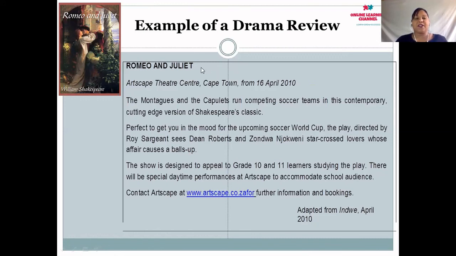If you look at the structure of this review, it's got the title on the left-hand side. It's got the name of the theatre, the location of the theatre, so Artscape Theatre Centre, Cape Town, on 16 April 2010, and the date of how long this drama is running. And then it goes into introducing the play.